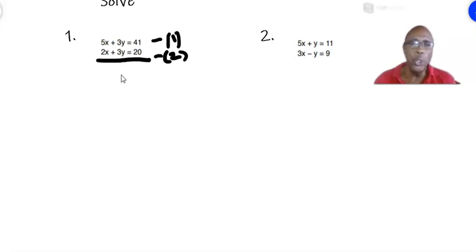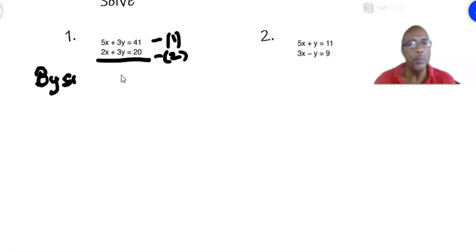How can we eliminate the 3y's in equation 1 and equation 2? We cannot add the two equations because if we add them, we'll get plus 3y plus 3y is 6y. So it's not eliminated. So we should subtract the two equations, because when we subtract, we'll get 3y minus 3y is 0, and the y's will go out. So the first step is to say by subtraction.